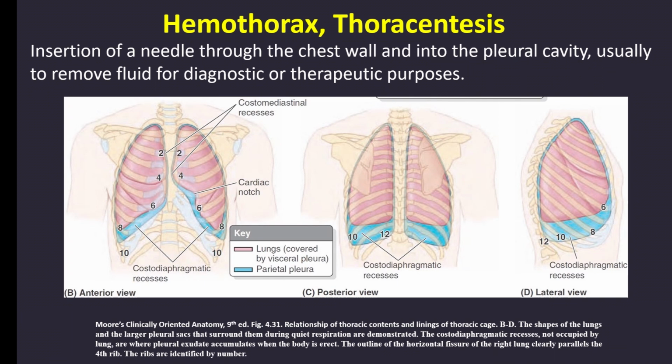So that thoracocentesis, the process of inserting a needle, it's done in that costodiaphragmatic recess, again because it's a safe space. That's where the fluid accumulates by gravity, and also it's a relatively safe space.